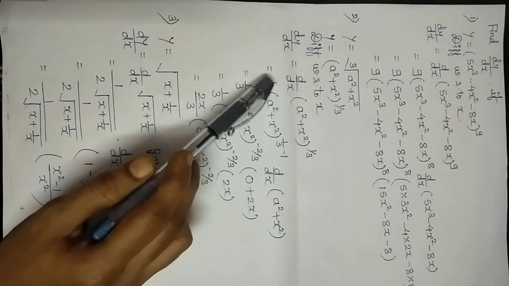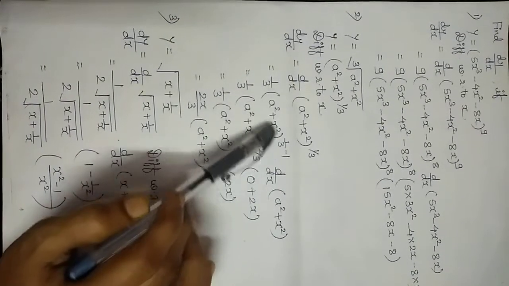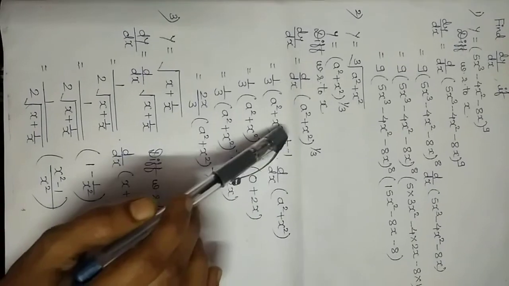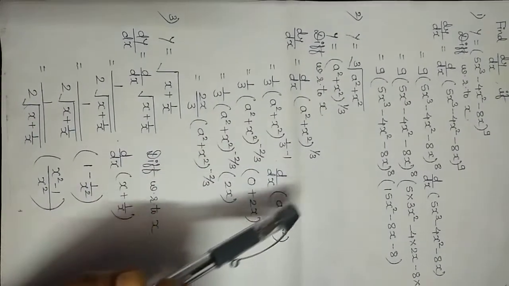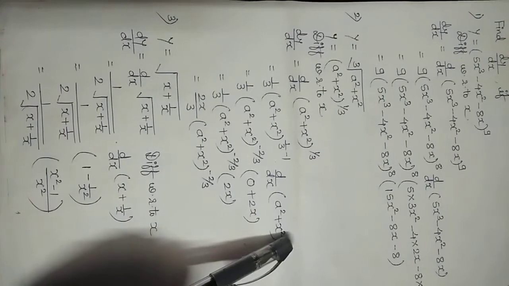So here we will get 1 upon 3 into this entire bracket raised to 1 upon 3 minus 1, and the term which we are considering as x, again derivative of that term, so derivative of a square plus x square.